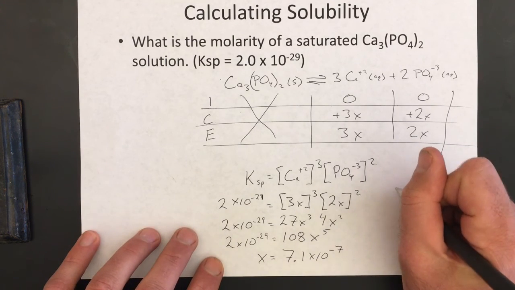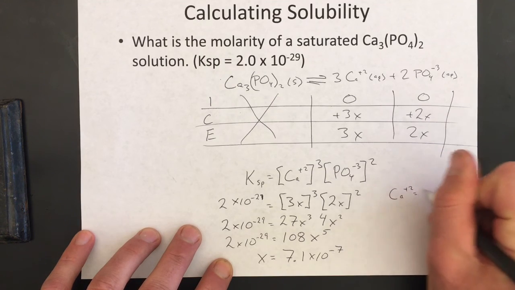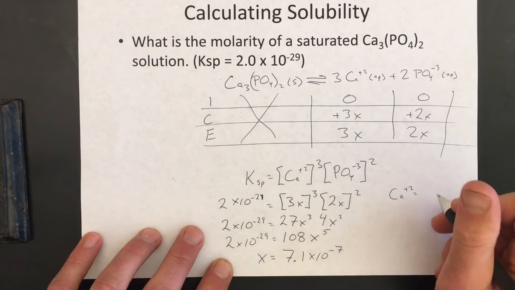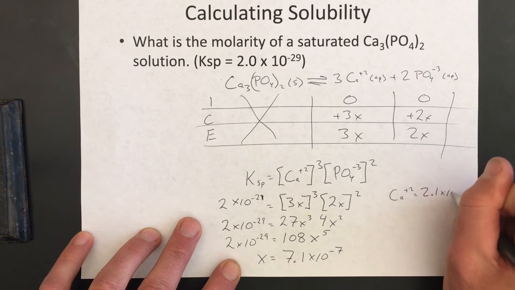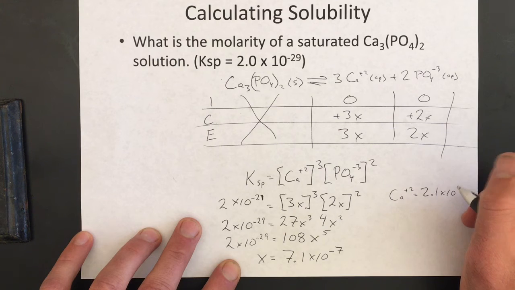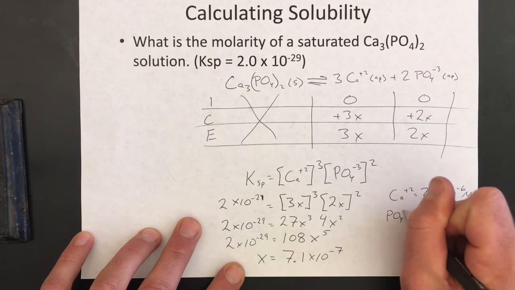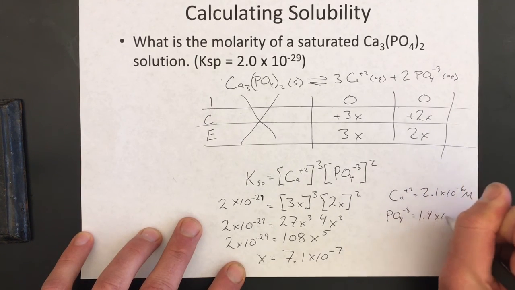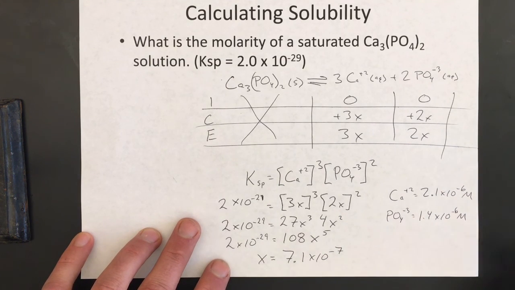The molarity of the calcium at equilibrium would be this number times 3, so 2.1 times 10 to the -6. And the molarity of the phosphate would be 1.4 times 10 to the -6. So that'd be the molarity of each ion.